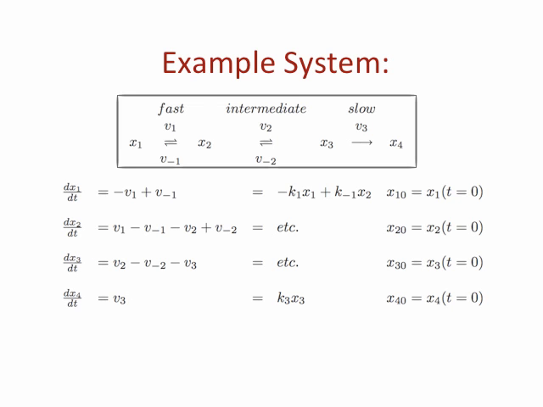Let me give you a specific example that will hopefully help gel these ideas in your mind. I'm going to look at a simple series of reactions here. This is a simple pathway where x1 goes to x2, x2 goes to x3, and x3 goes reversibly to x4.